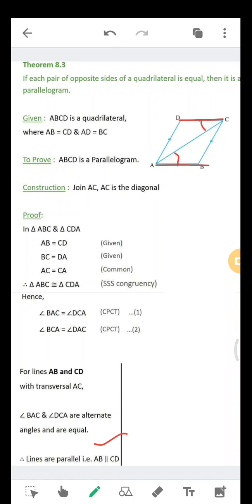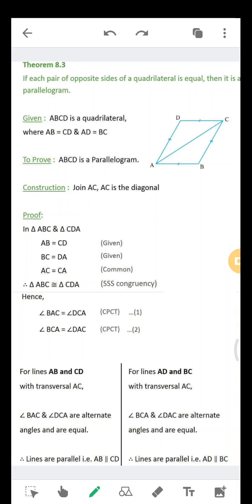In the same way, when these two angles are equal, AD is parallel to BC. When AB is parallel to DC and AD is parallel to BC, we can say that this quadrilateral is a parallelogram. You can write here, therefore ABCD is a parallelogram.